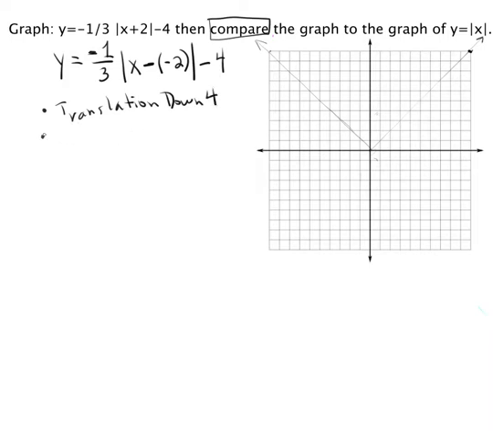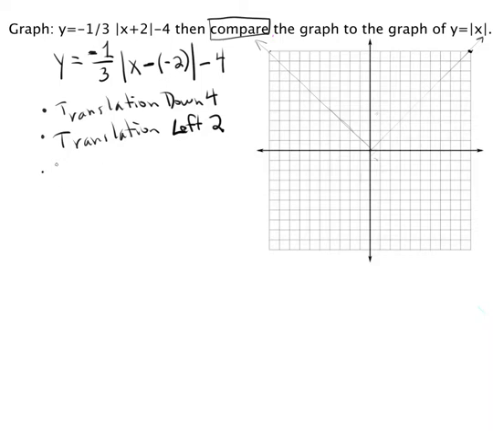My second step will be another translation, left 2, and that's that plus 2. We don't say right 2 because we're taking a double negative and going positive, or to the right. So our translation here is left 2.